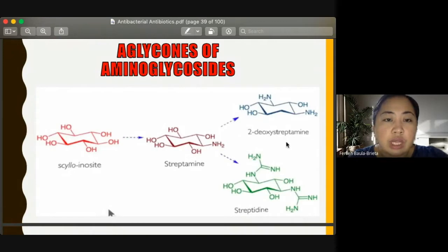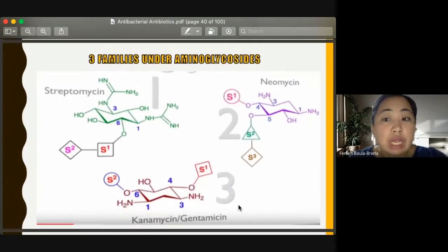So when you say aglycones of amino sugars, these are the active components that help with the activity against our bacteria. These are required for our bacteriostatic action.